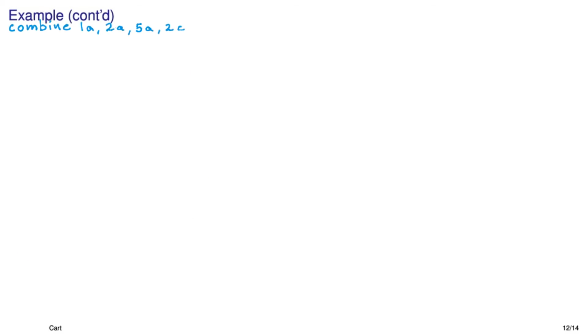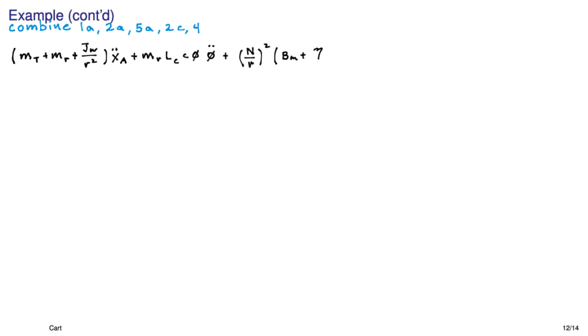The first thing we're going to do is combine 1A, 2A, 5A, 2C, and 4 and get this thing. That's pretty difficult to do in a short presentation like this, but if you go back to the previous slide with the summary of equations, you can go through the arithmetic and convince yourself that you really do get this big, crazy equation.